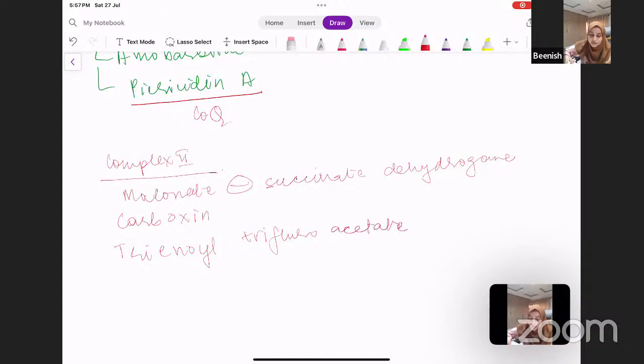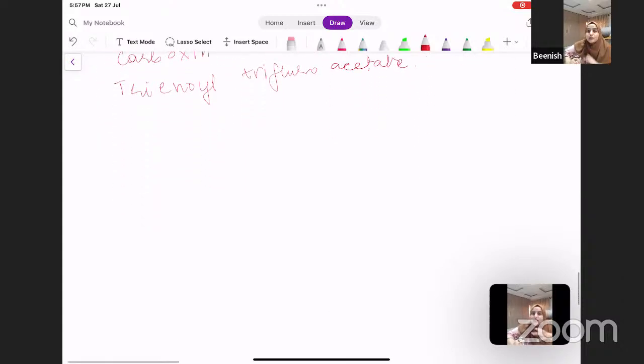So these are all your inhibitors of complex 2. Then inhibitors of complex 3 are your British anti-lewisite and antimycin A. Then inhibitors of complex 4 are your carbon monoxide, cyanide, hydrogen sulfide, all are gases, okay, and sodium azide. So they are your inhibitors of complex 4.